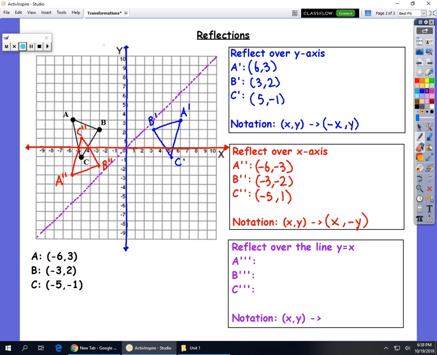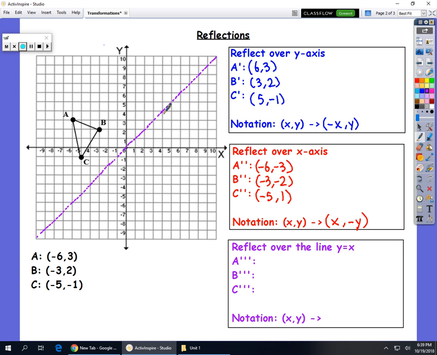So why don't we erase the other ones just so we don't get so confused. And we can just focus on the reflection across y equals x. Right, just cleaning it up.